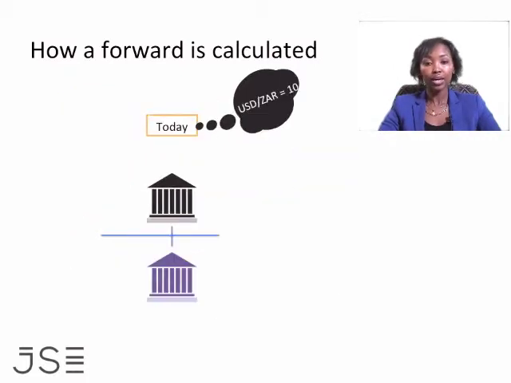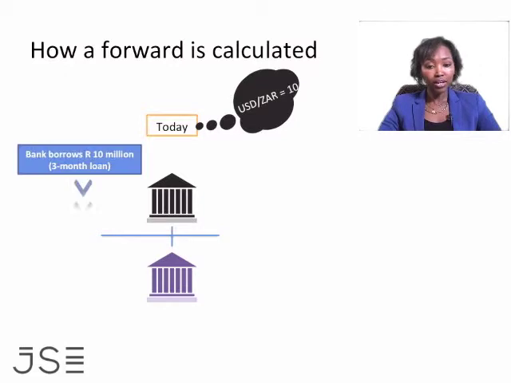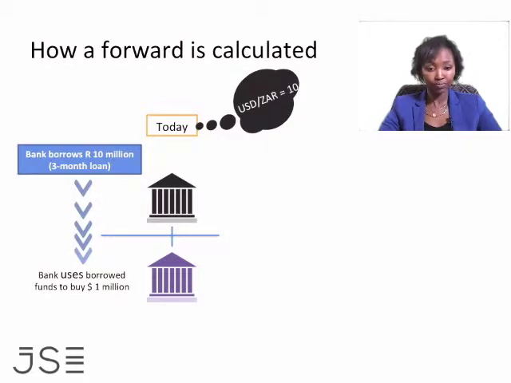The bank would go and borrow 10 million rands today and use that 10 million rands to buy $1 million US, because remember we're working on a spot rate of 10. So 10 million rands divided by a USD ZAR rate of 10 gives you $1 million.